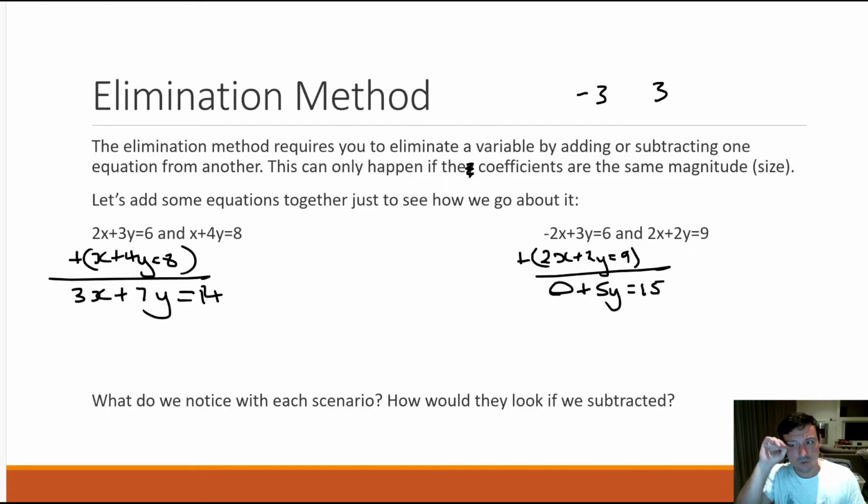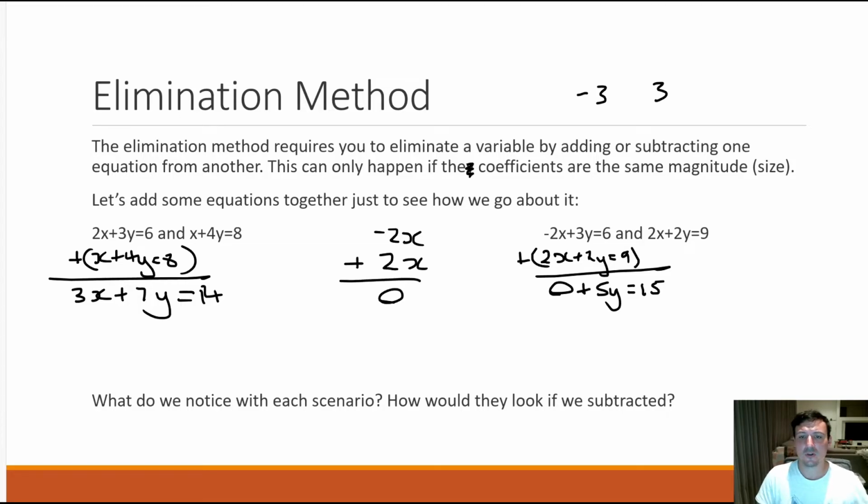And what I should also see is that negative 2x and 2x are opposites of each other, or inverses. So negative 2x and 2x, when added, gave me 0. So what we should notice is that when we add opposites, they eliminate each other. And we need the same magnitude, so they have to both be 2's. In the first one, they had different magnitudes, so we weren't able to do it either way.